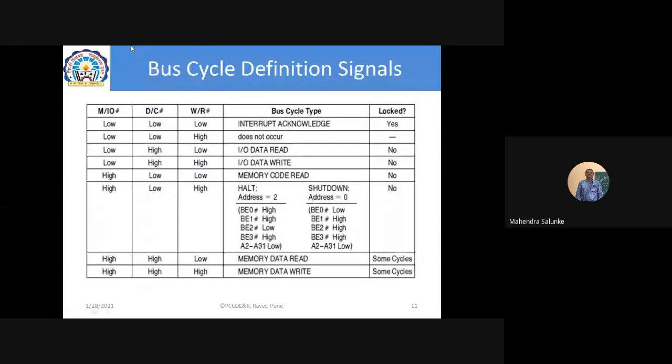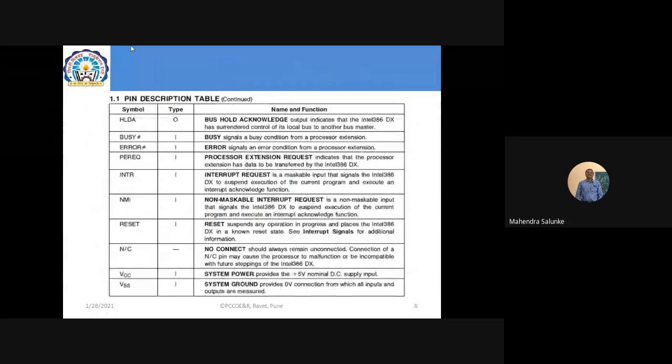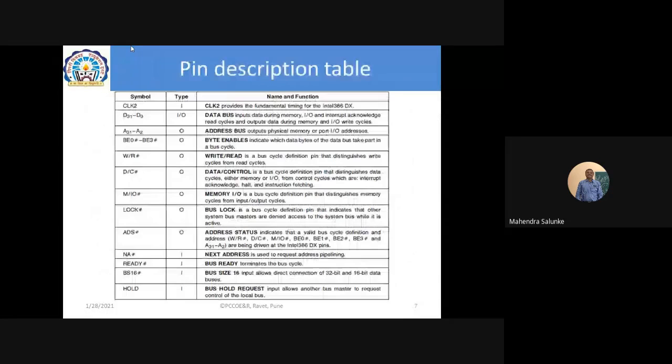Let me go back to that particular signal, D/C bar. It distinguishes data cycles, which are either memory or IO, from control cycles, which are interrupt acknowledge, halt or shutdown, and instruction fetch. So there are three control cycles and four data cycles.